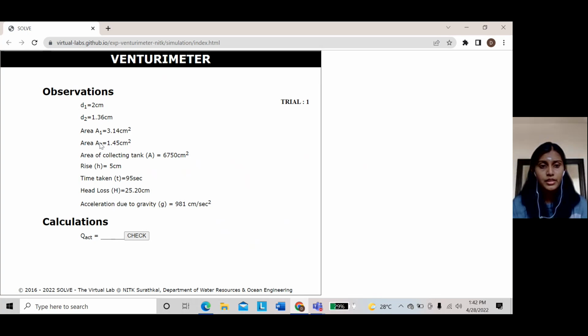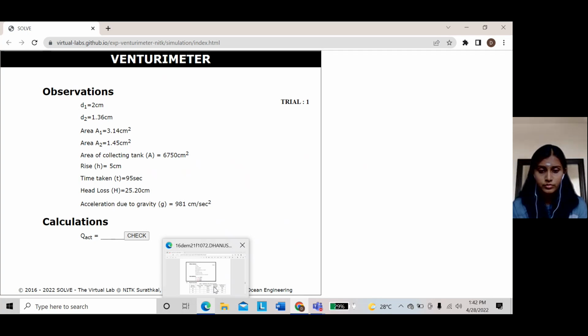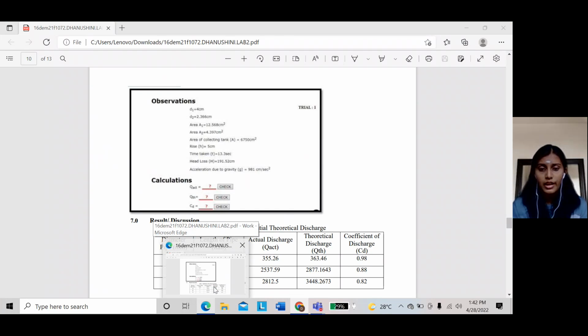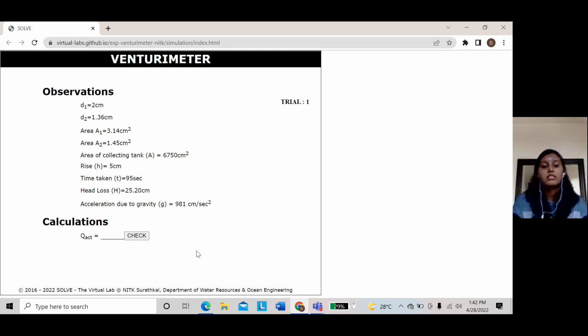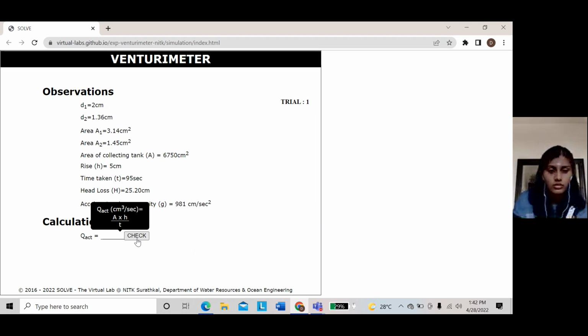So this is the observation: D1, D2, area 1, area 2, rise, time taken, head loss, acceleration due to gravity. Now, first let's get the actual discharge.